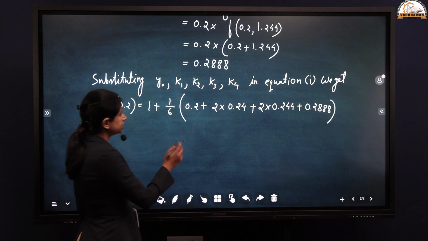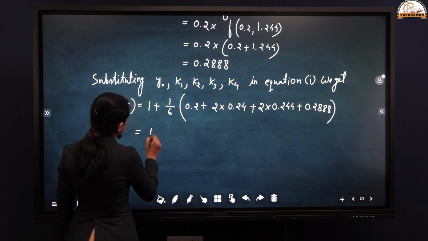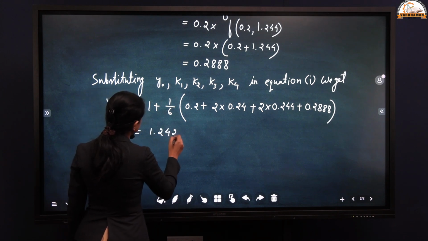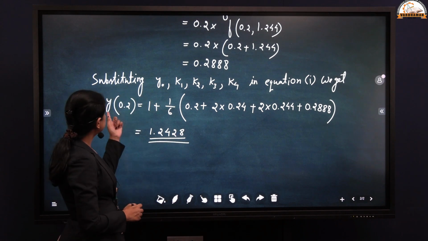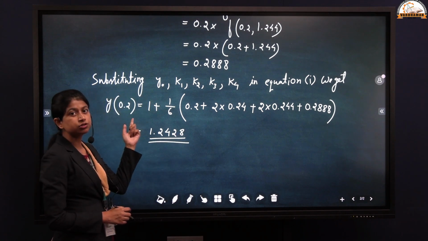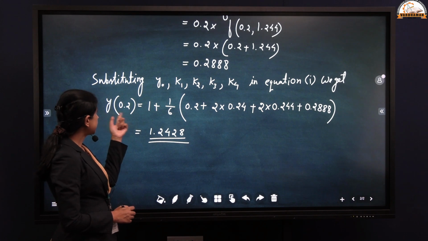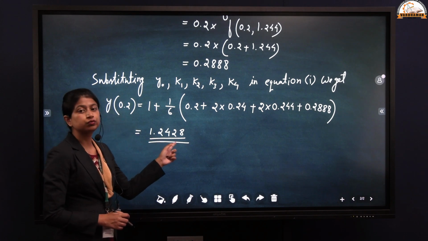If you calculate this in calculator, you will get 1.2428. It was asked to find y value at x equal to 0.2. So we get y at 0.2 as 1.2428.